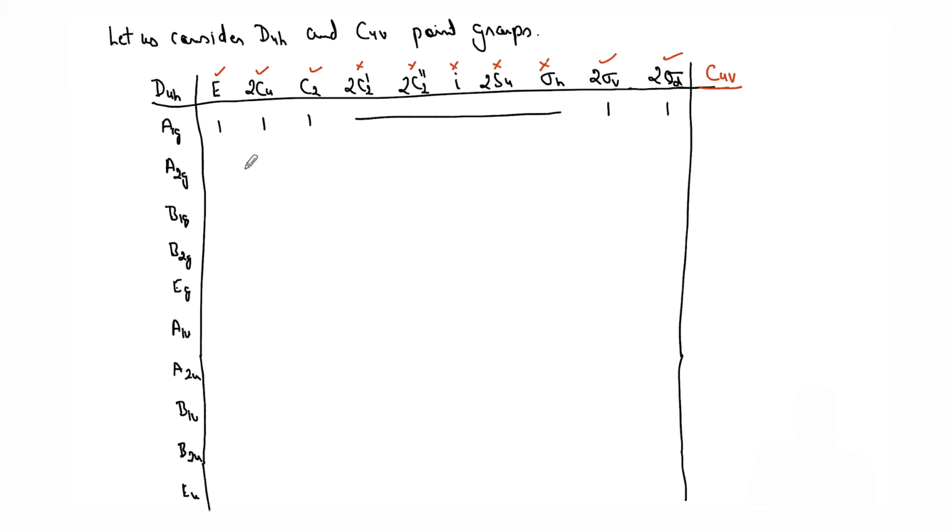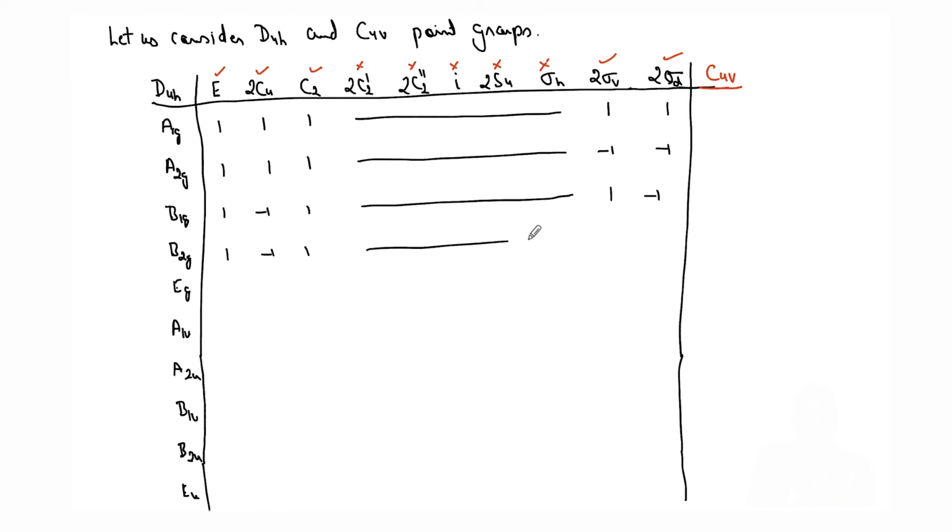Then under A2g it is 1, 1, 1, and these ones are minus 1, minus 1. For B1g it is 1, minus 1, 1, and we have minus 1, 1.